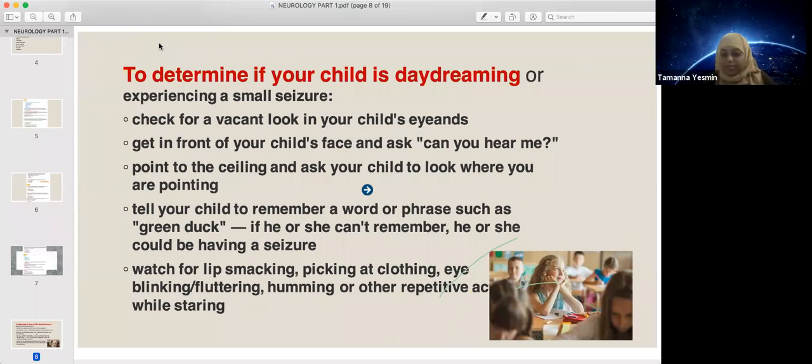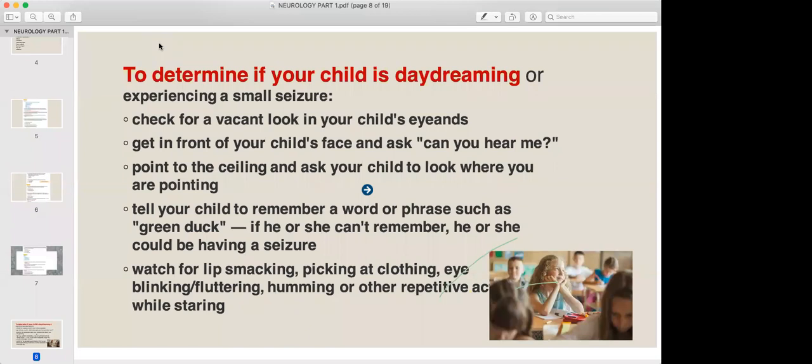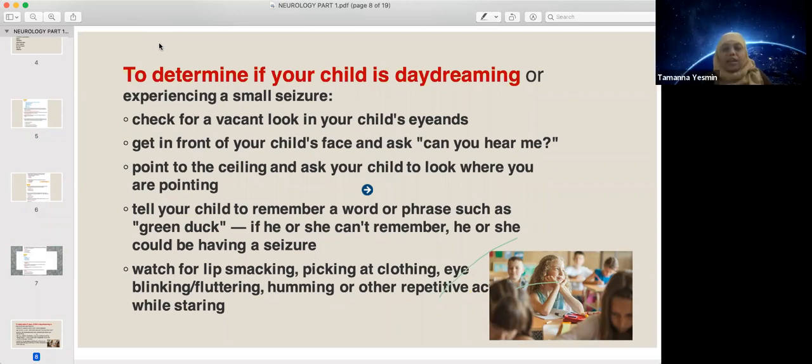And in daydreaming, the child responds. Yes, the patient responds immediately in daydreaming, and post-ictal events will be absent in daydreaming. But in absence seizure, the child may sometimes become weak. Who can tell me, is absence seizure a generalized seizure or partial seizure?